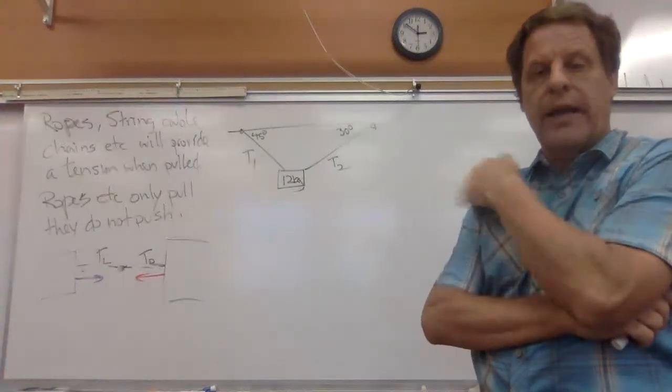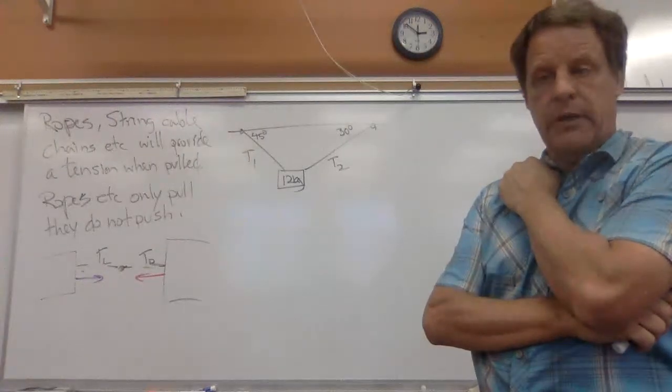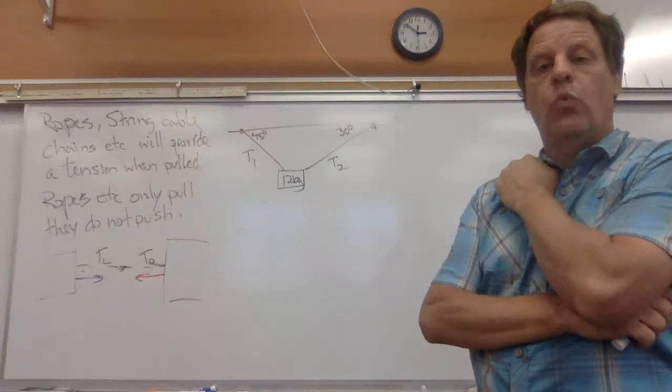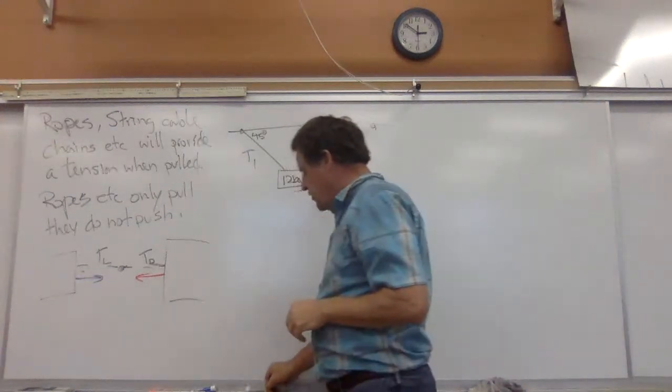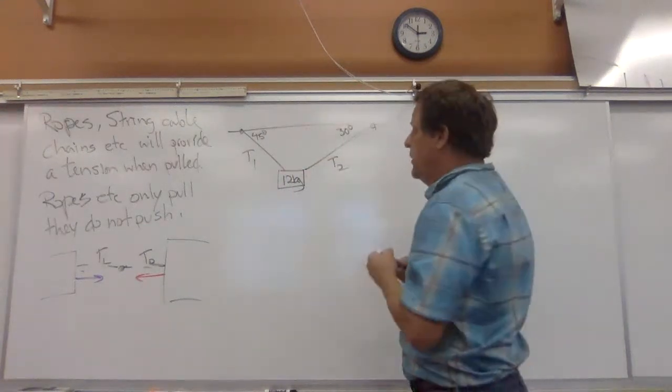In this case, we're just going to have the normal horizontal and vertical being X and Y. And we can now draw that free body diagram. I'm going to superimpose it on our diagram here.